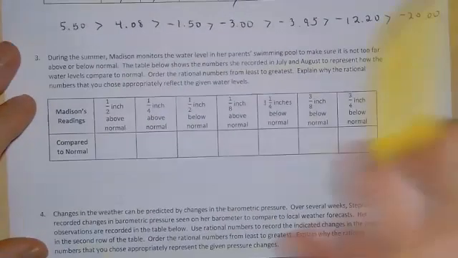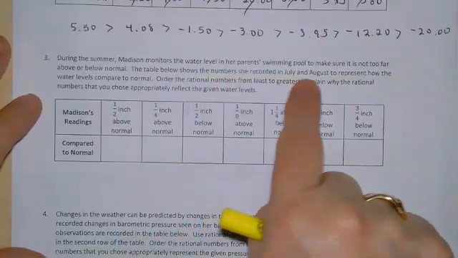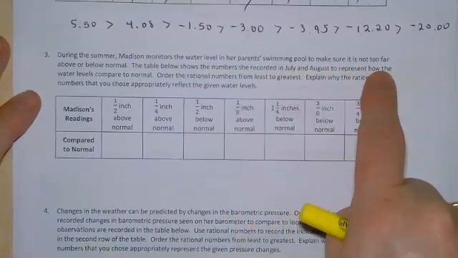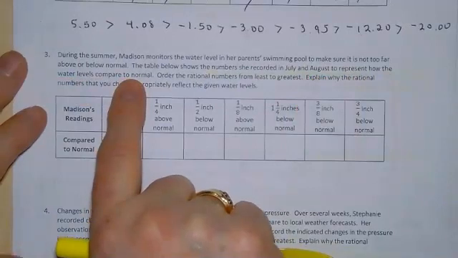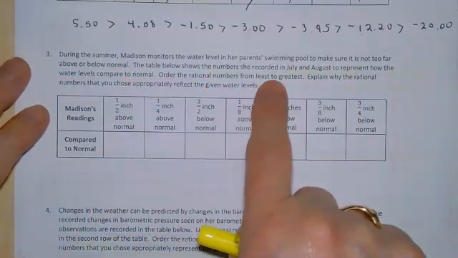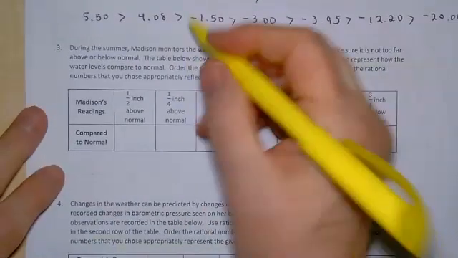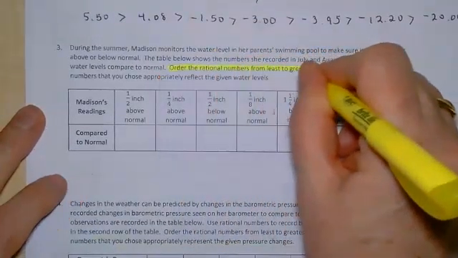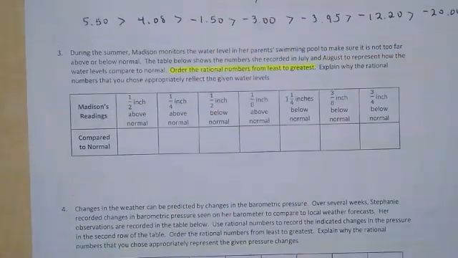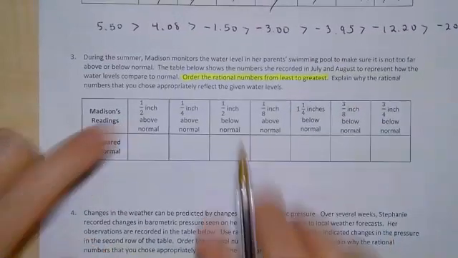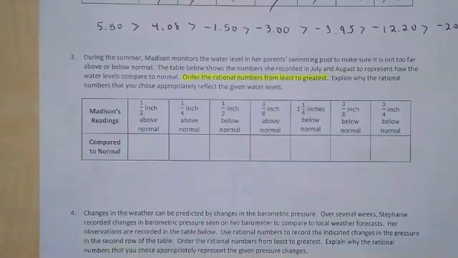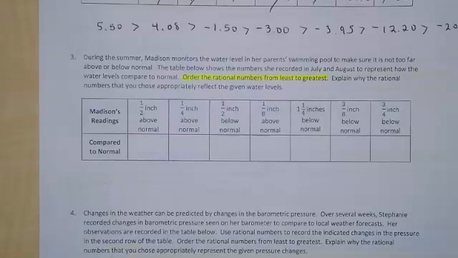During the summer, Madison monitors the water level in her parents' swimming pool to make sure it's not too far above or below normal. The table below shows the numbers she recorded. Order the rational numbers from least to greatest. Above normal or below normal? Above normal would be positive. And below normal would be negative.